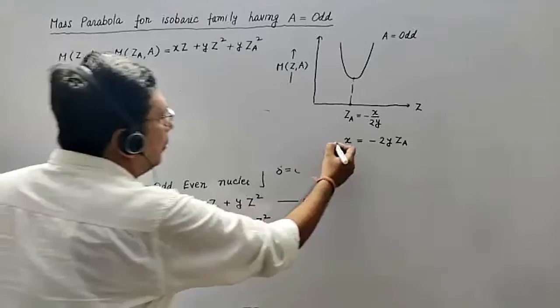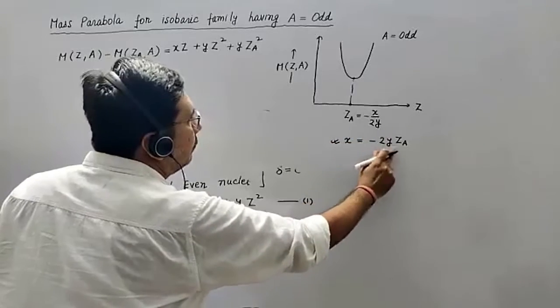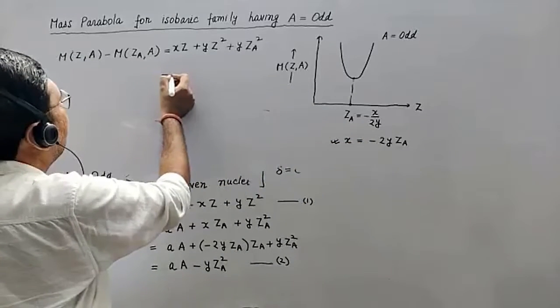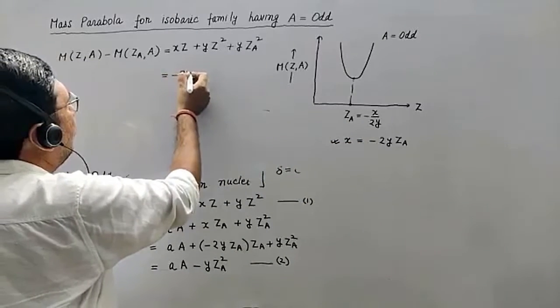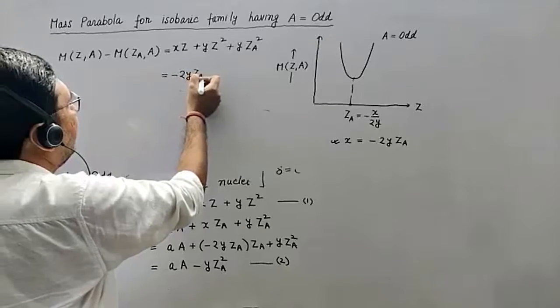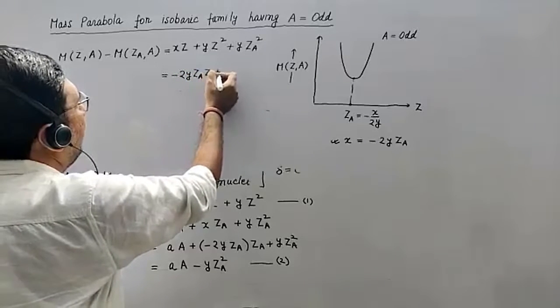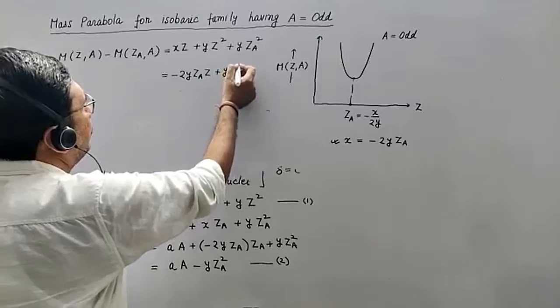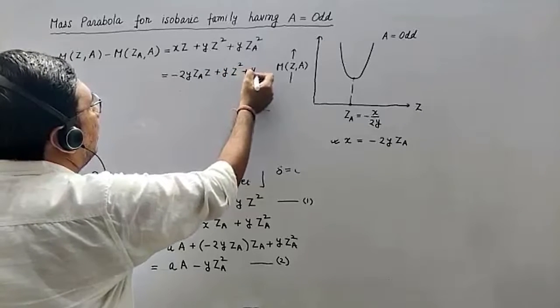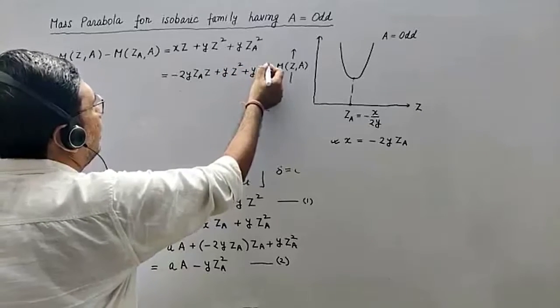Now again replace this X by minus 2YZA. So this will be minus 2YZA into Z plus YZ square plus YZA square.